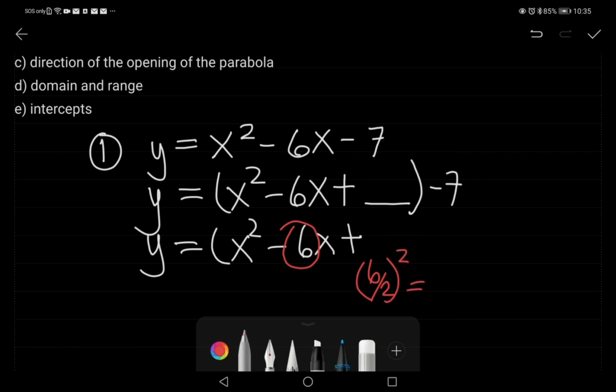So 6 divided by 2 is 3 squared. So 3 squared is equal to 9.